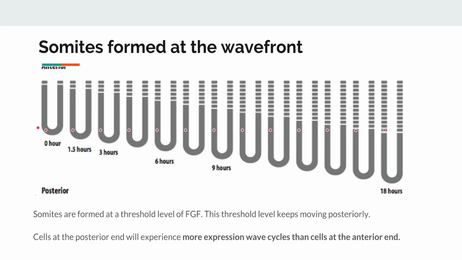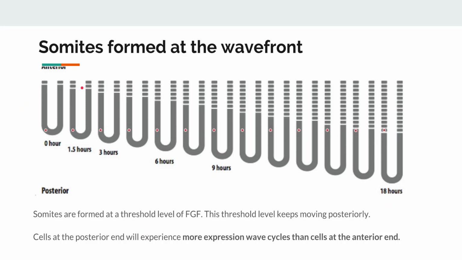So a good example of that is we can see this red dot here that could be representative of a mesoderm that is destined to be a somite. So it will go through several more cycles until it gets defined to be a somite here, after 18 hours.